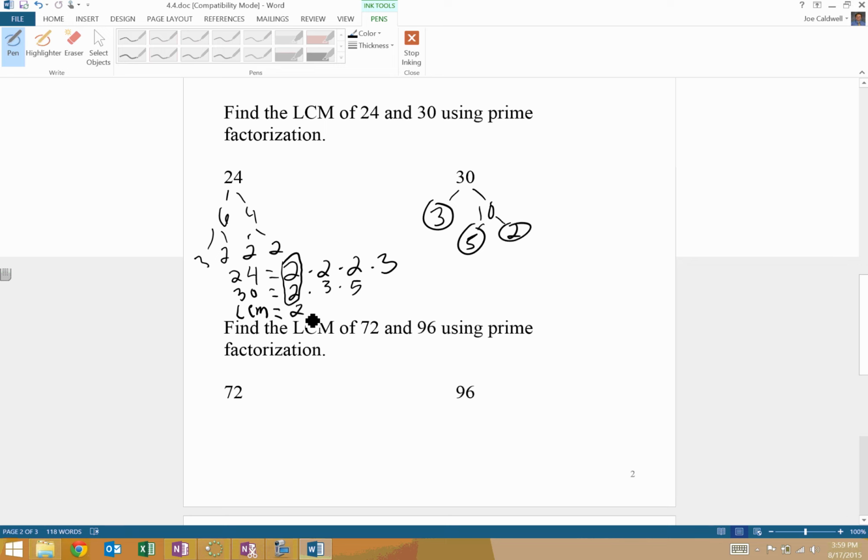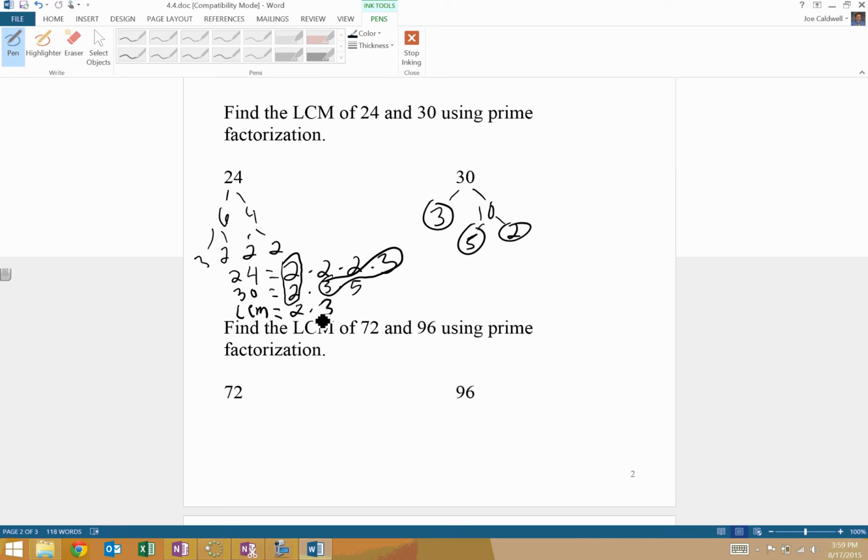If this was greatest common factor, we would circle the 3's, and my final answer would be 2 times 3, so my greatest common factor is 6. That's not what we're trying to figure out. We want to know the first multiple of these that fits.